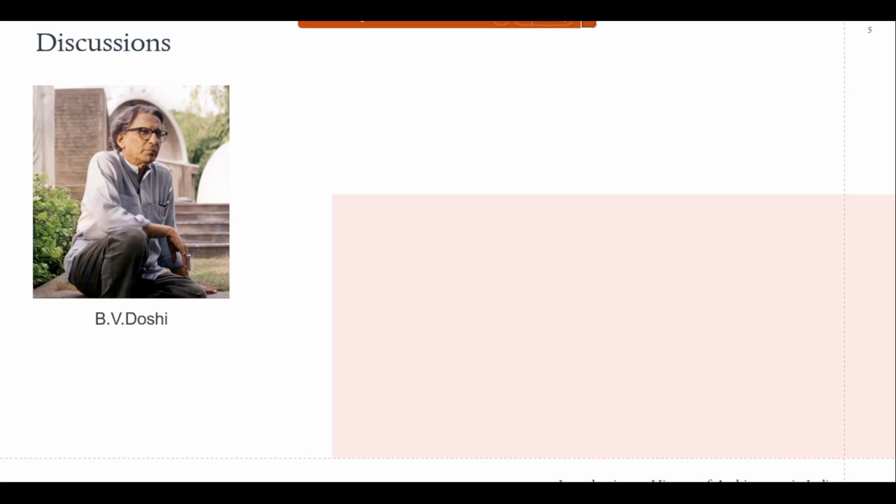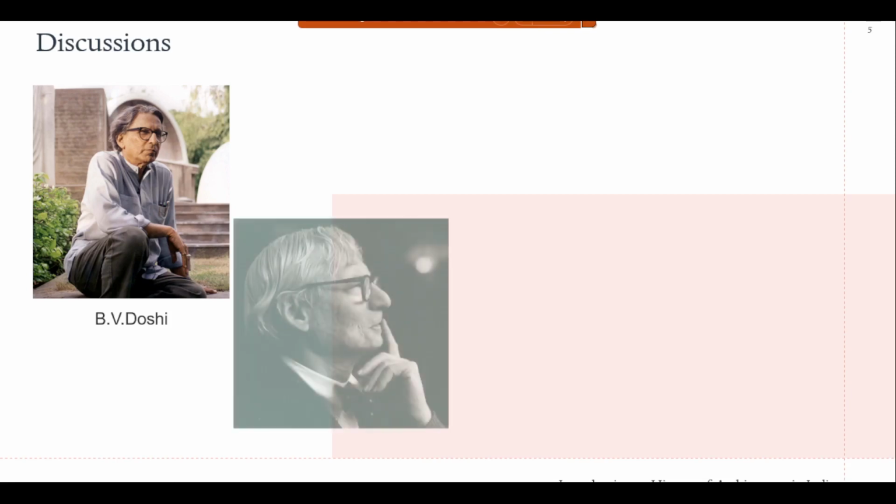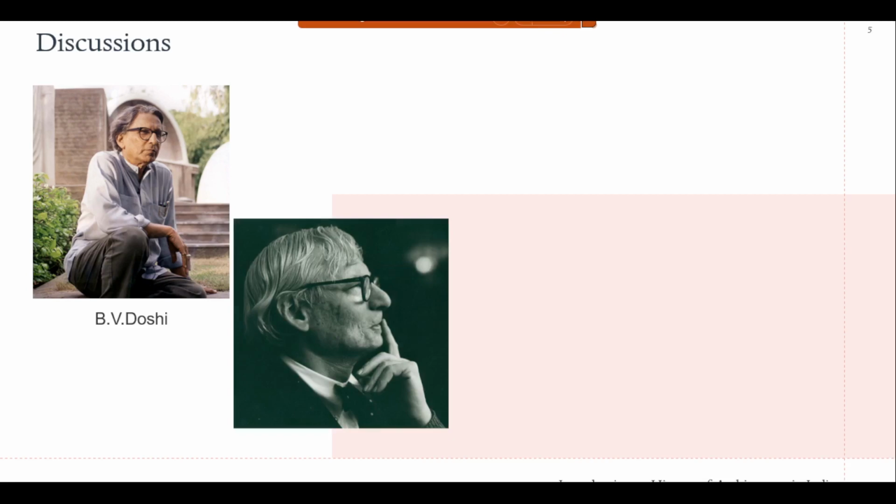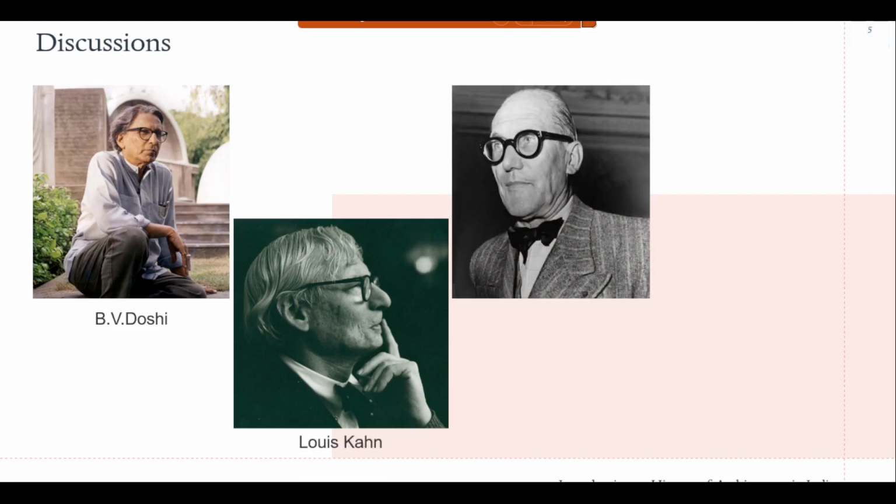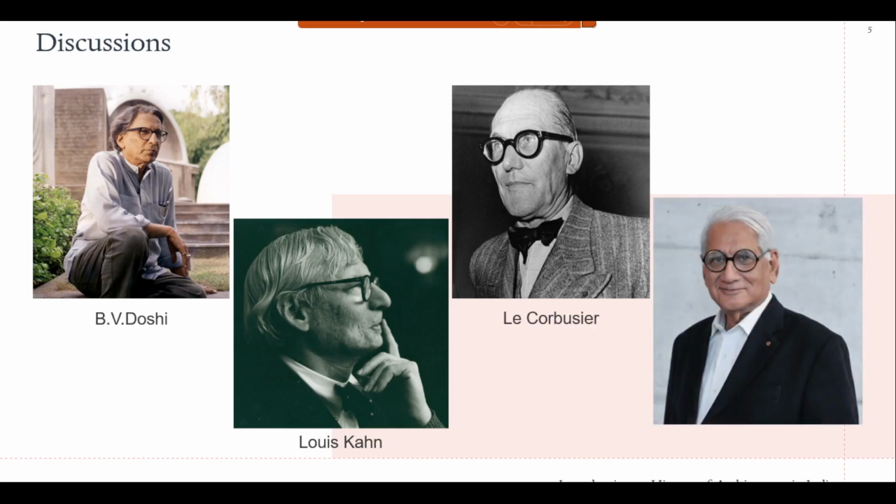He is the only Pritzker Prize winner from India. Identify who he is. No sir, actually he is Louis I. Kahn. Again, we have a great personality, the architect Le Corbusier, and he is Charles Correa.